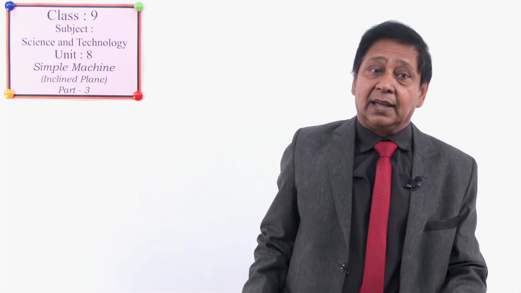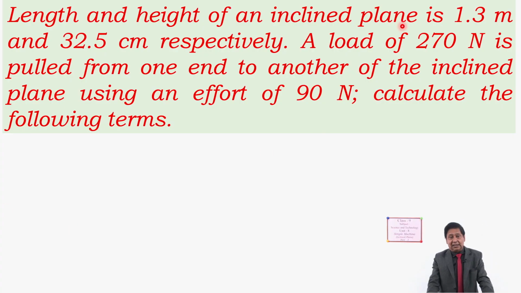Look at this. The length and height of an inclined plane are 1.3 meter and 32.5 centimeter respectively. A load of 270 Newton is pulled from one end to the other of the inclined plane using an effort of 90 Newton.